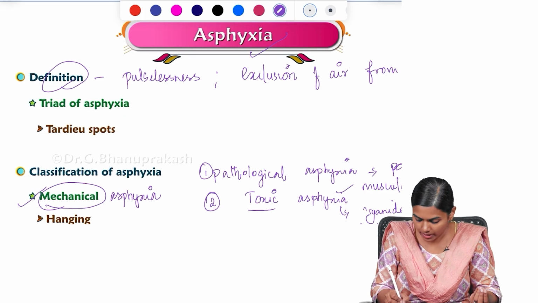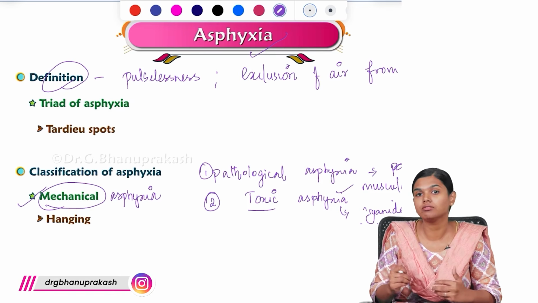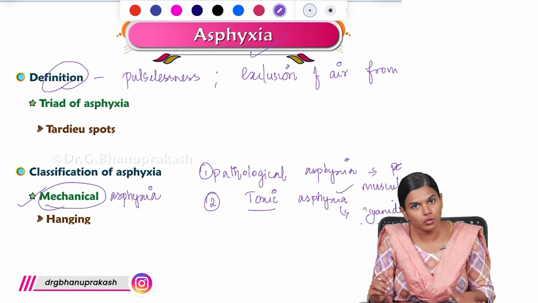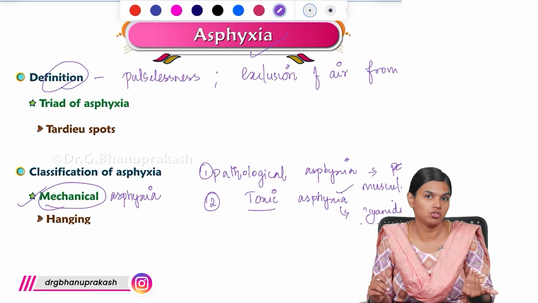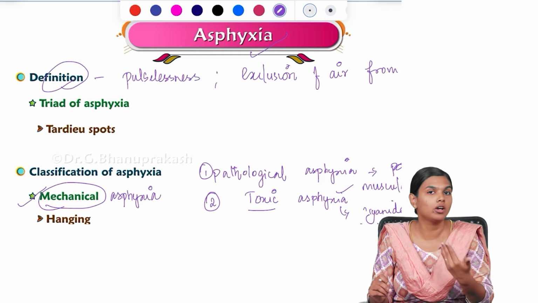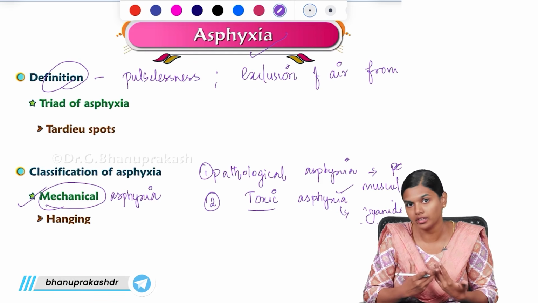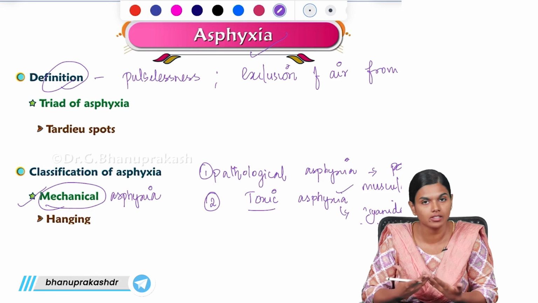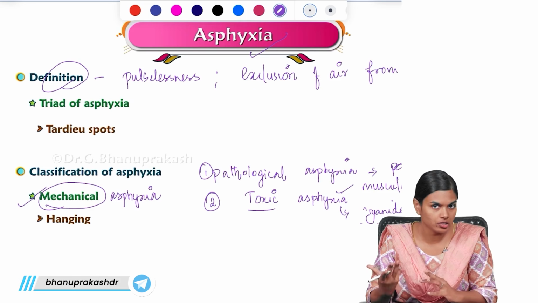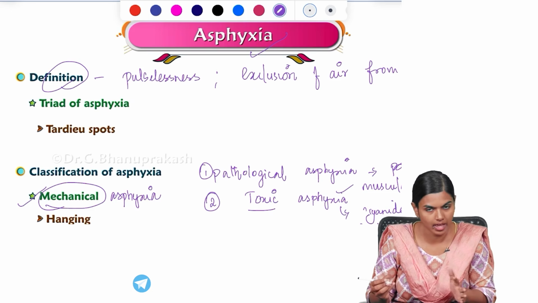If there is any irrespirable gas available in the environment, like hydrogen sulfide, or there is excess of nitrogen or less oxygen available, those kinds of situations. When you go to high altitude, like in space, there will not be enough oxygen. There will be a lot of irrespirable gases there, and sometimes there will not be enough gas at all. Those conditions lead to asphyxia. We call them environmental asphyxia.